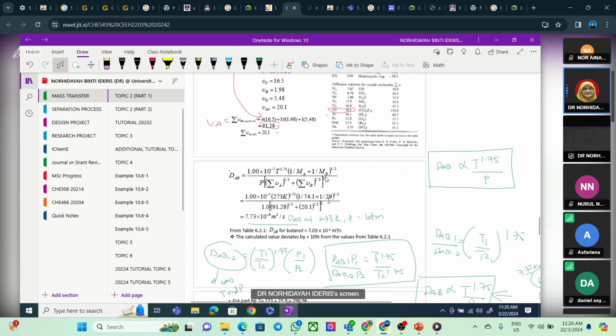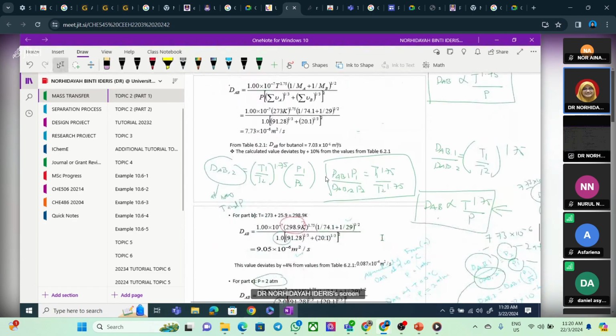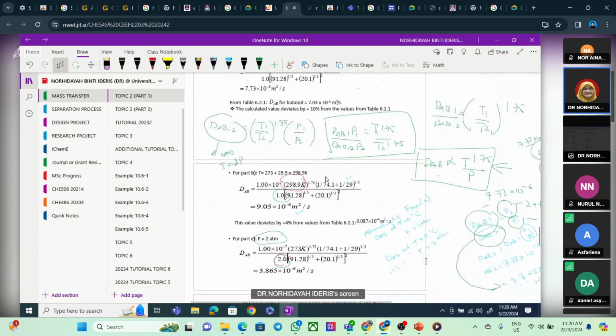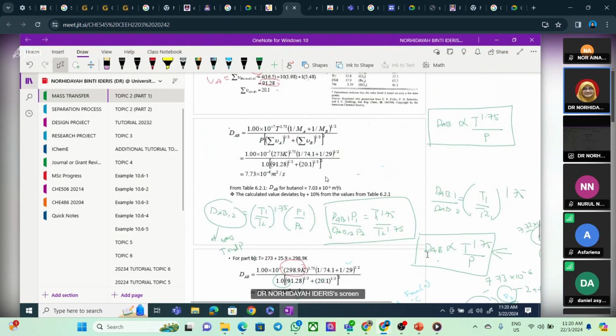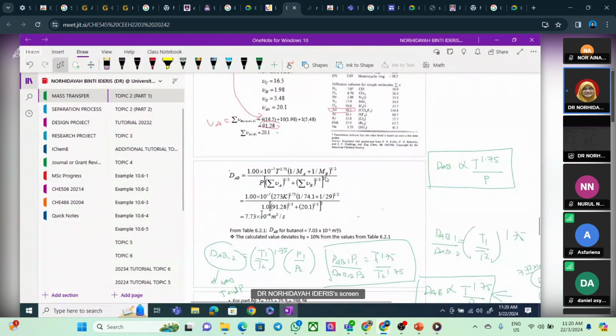Kalau kamu masuk ni, dapat tak nilai 7.73 dan kuasa negatif 6 ni? Cuba try.